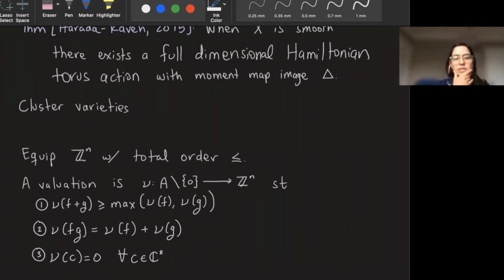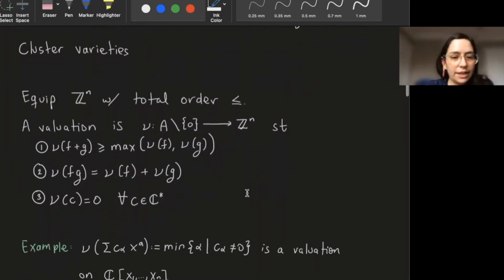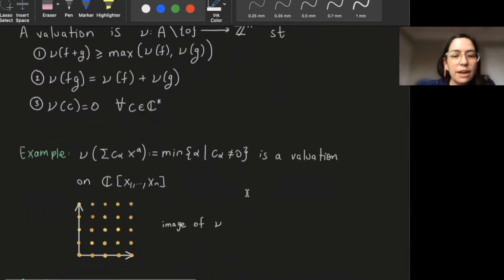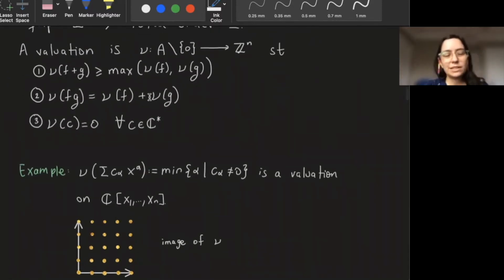And valuations in general provide tools to degenerate coordinate rings of varieties into simpler subalgebras. So the best case scenario is when you can have a polynomial ring generated by monomials. So here we have something similar to the example I was saying before, but more general, like the multi-degree. If you have any polynomial, you can consider evaluation as the minimum of the exponent vectors.